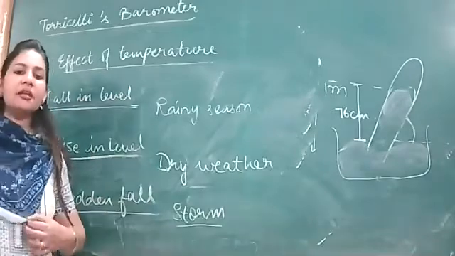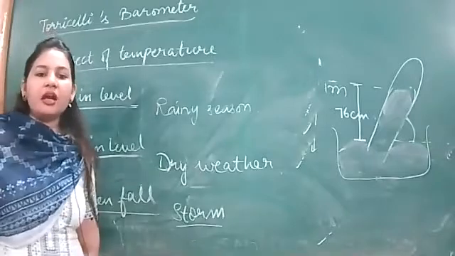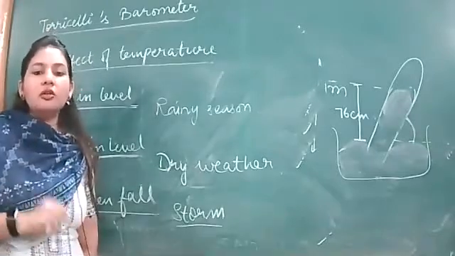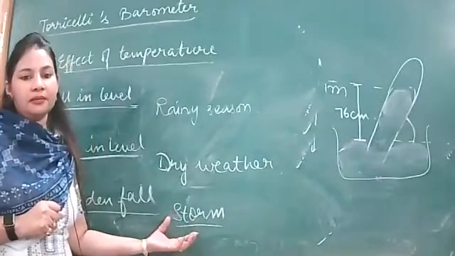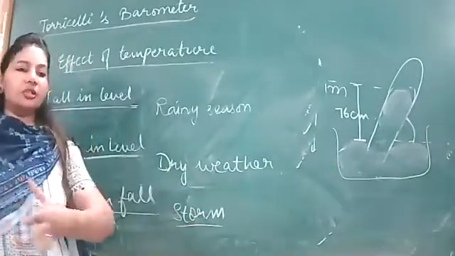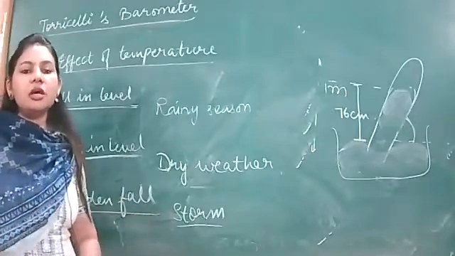And outside the pressure will be high, that means very high. Pressure difference will be very, very large. So air will rush in from the region of high pressure to low pressure and storm will be there. So wind will be traveling very fast from high pressure region to very low pressure area. So that will lead to a storm.